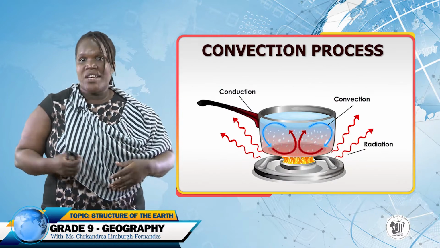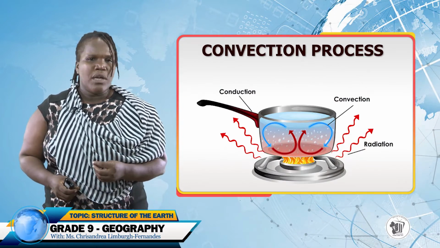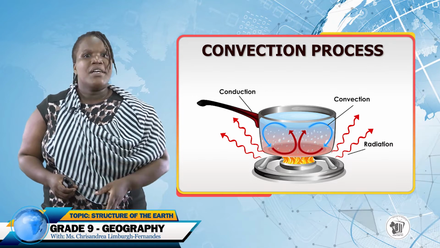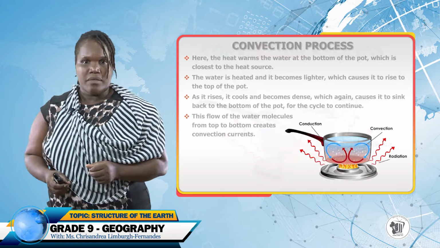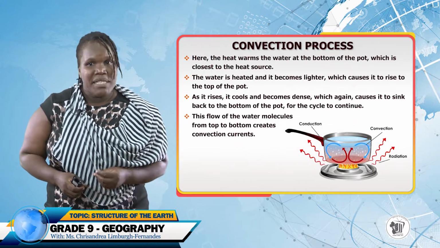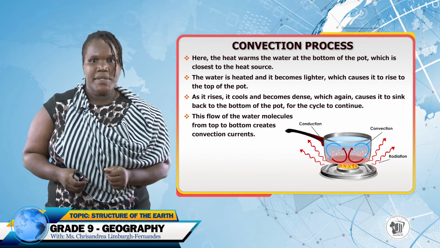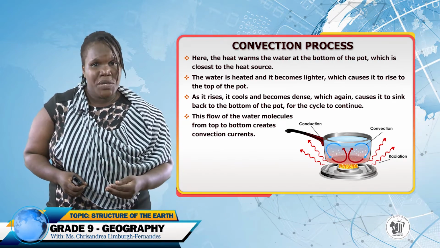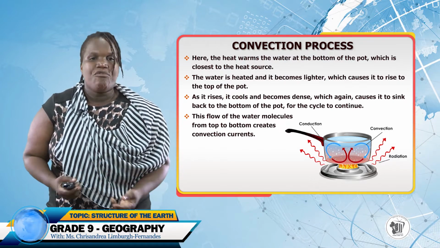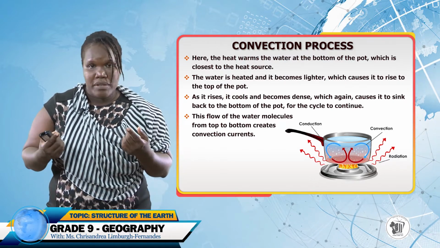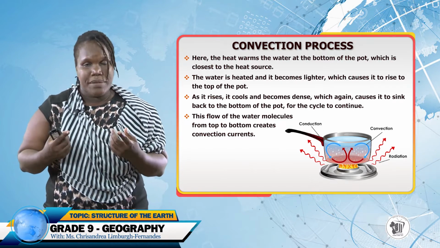To understand convection and what really happens in the outer core, let's use the illustration of a pot of water on a stove. Here the heat warms the water at the bottom of the pot, which is closest to the heat source. As the water molecules heat up, they become lighter and they rise to the top of the pot. And this is indicated by the red arrows.